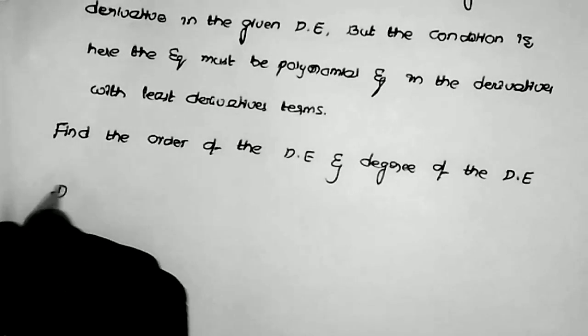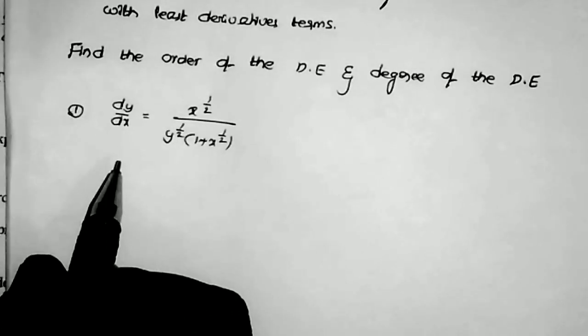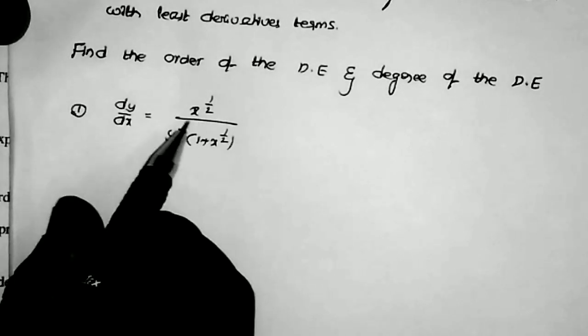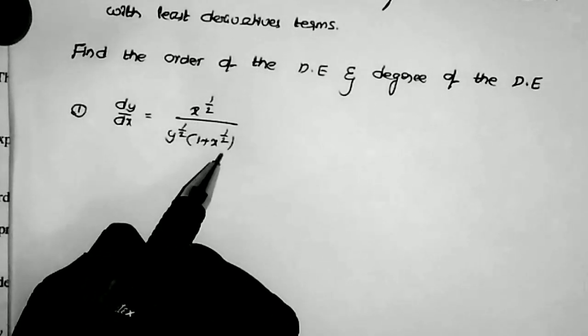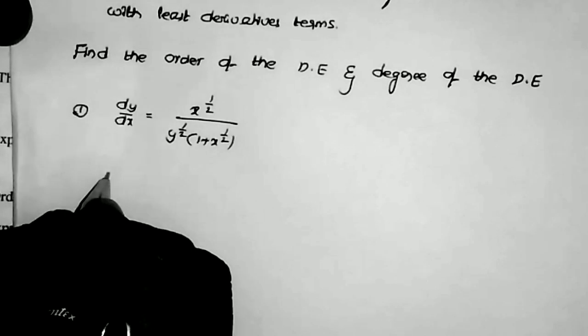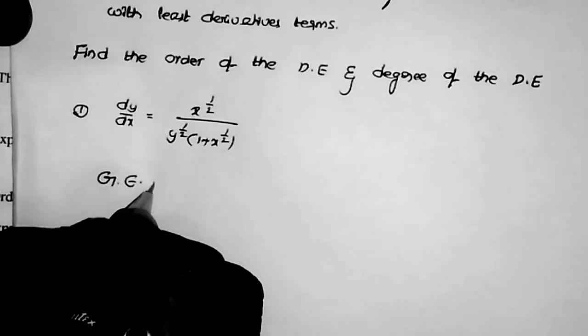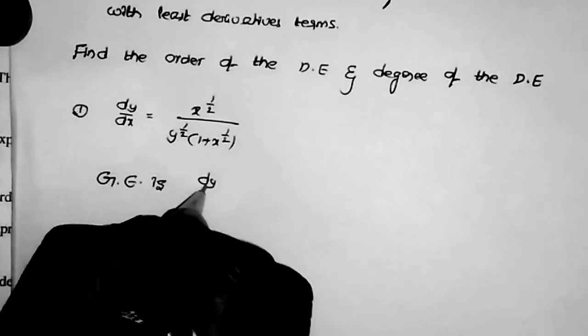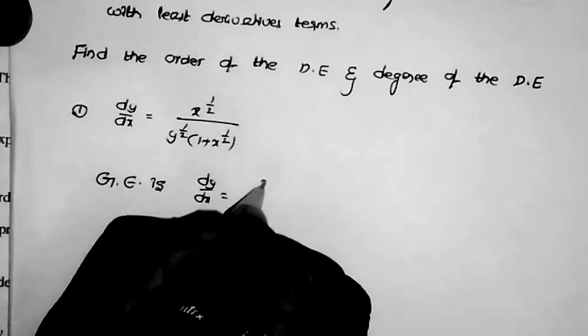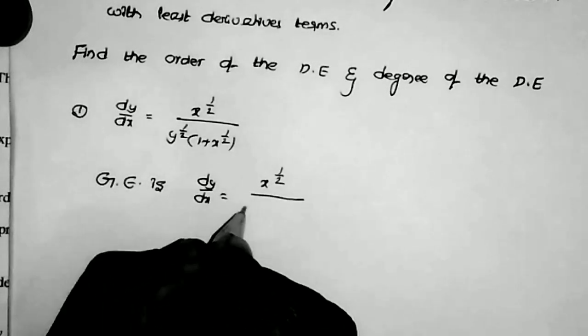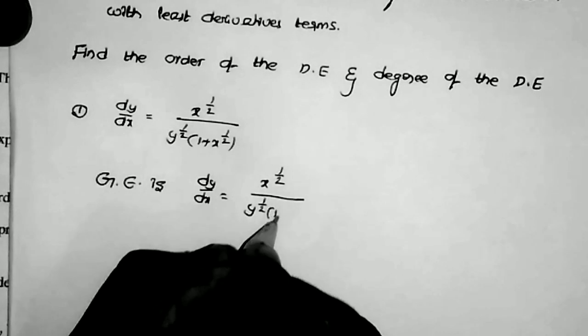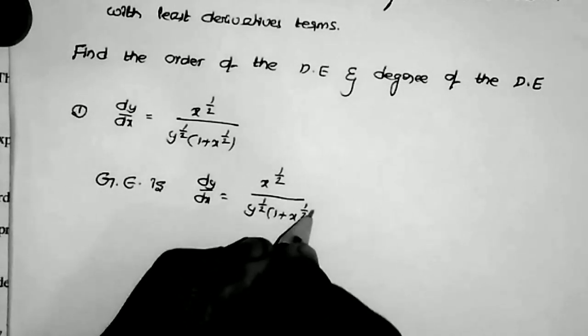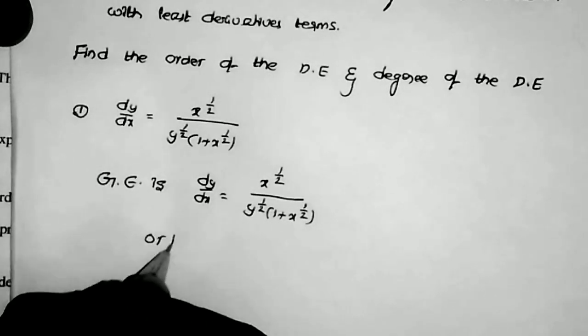So the first question: dy by dx is equal to x power 1 by 2 by y power 1 by 2 into 1 plus x power 1 by 2. First I write the given equation here. Given equation is dy by dx equals x power 1 by 2 by y power 1 by 2 into 1 plus x power 1 by 2. Directly we can tell the order and degree of this equation.